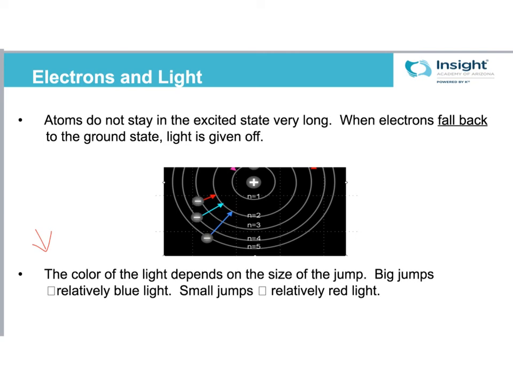Whereas if it gives off something like blue light, which is kind of high energy, then maybe you had an electron that was in orbital 1 and it jumped up to like orbital 4 and then fell back down. So the color of the light gave Professor Bohr something to look at and measure and observe and to be able to tell what was going on as far as these transitions.